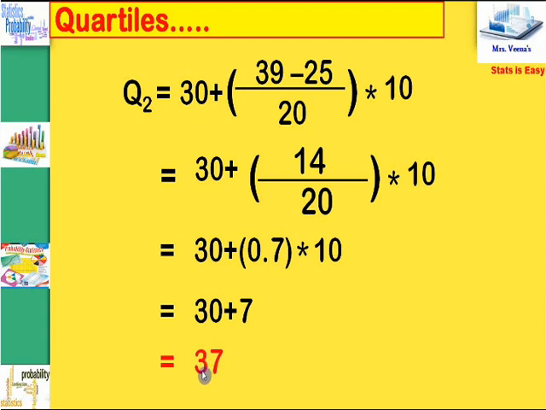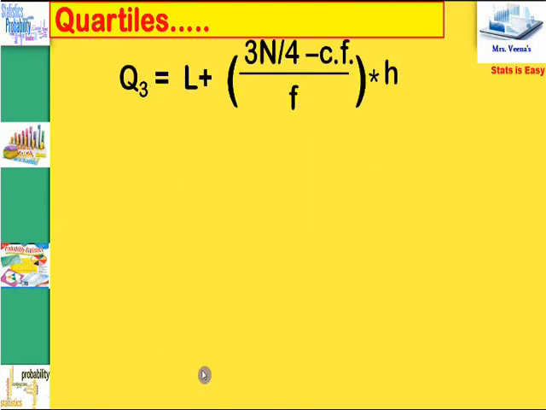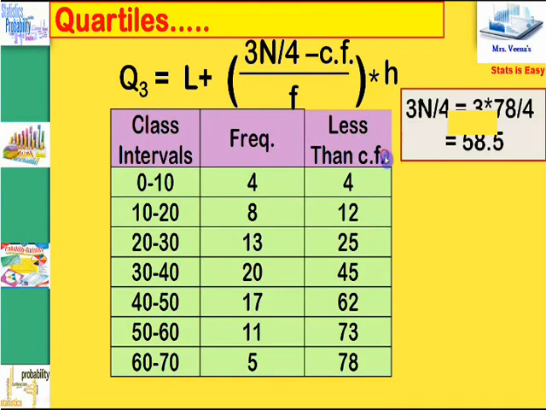So Q2 is 37. Now Q3, this is equal to L plus (3 times n by 4 minus Cf) divided by f into h. Now calculate 3 times n by 4. 3 into 78, the total frequency, divided by 4 is 58.5.